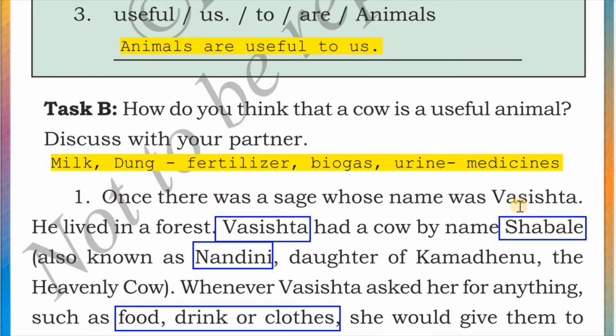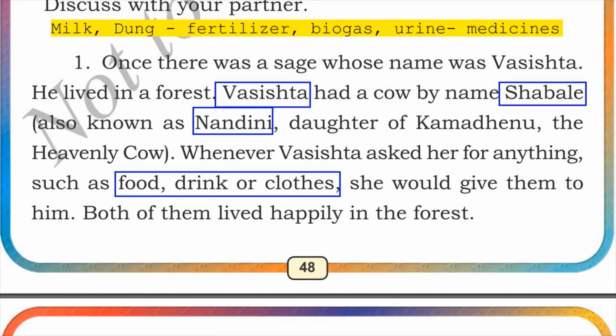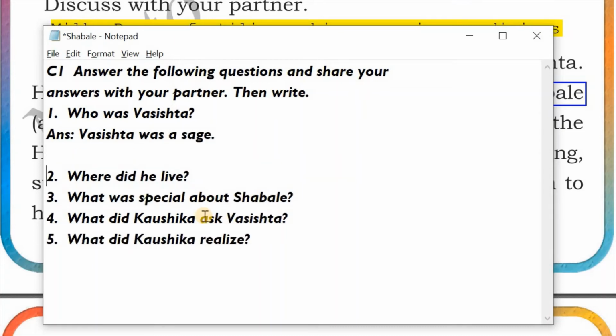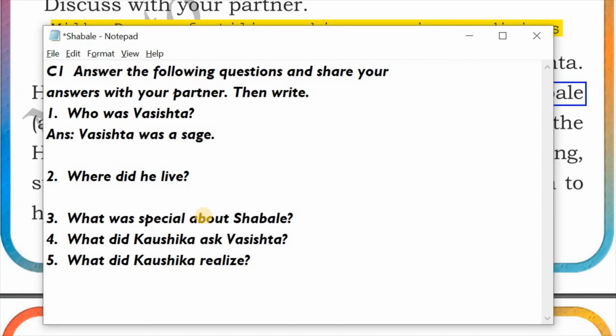Once there was a sage whose name was Vasishta. So Vasishta was a sage. Next question, where did he live? So we know that he lived in a forest.